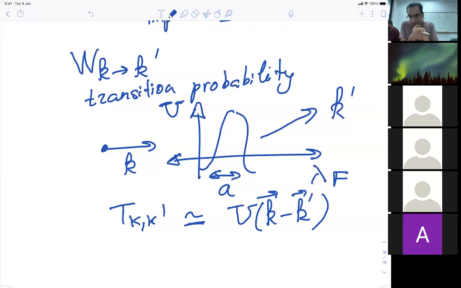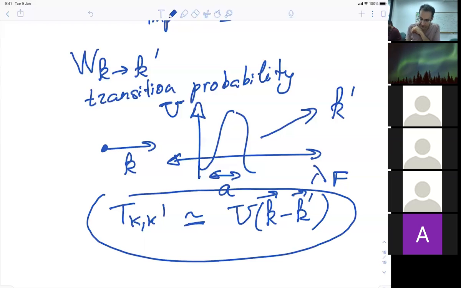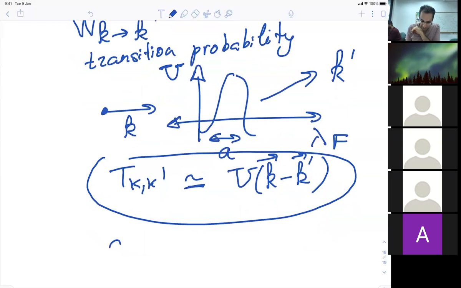Something that is supposed to be studied within quantum mechanics one. This statement is an approximation, and this assumes that A over lambda Fermi is much smaller than 1. This condition is frequently enough, not always.